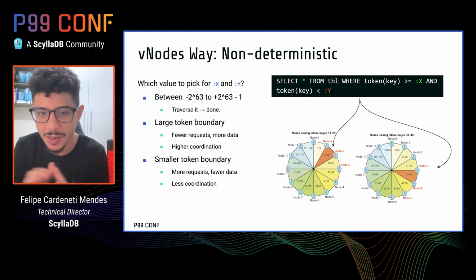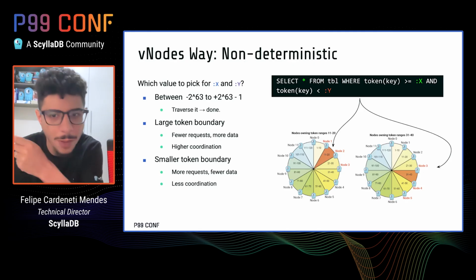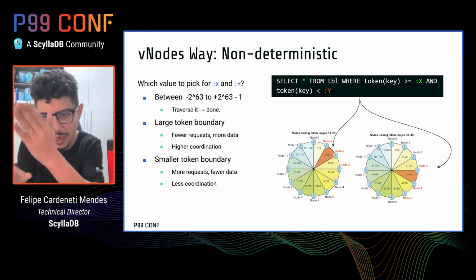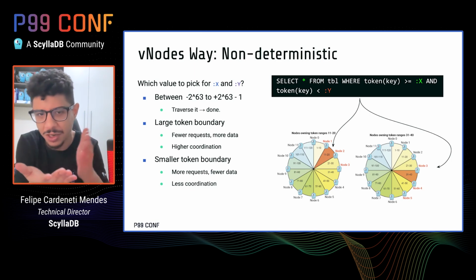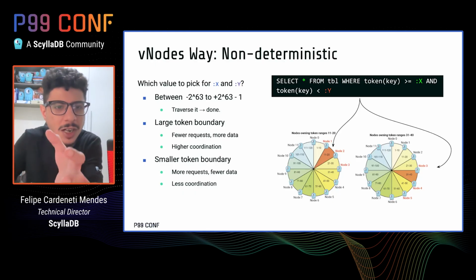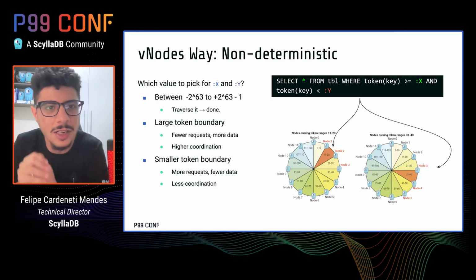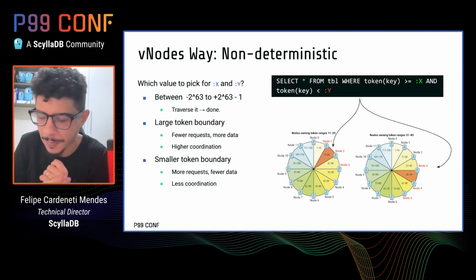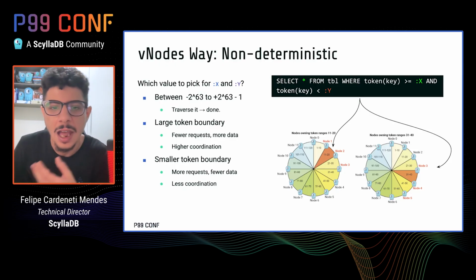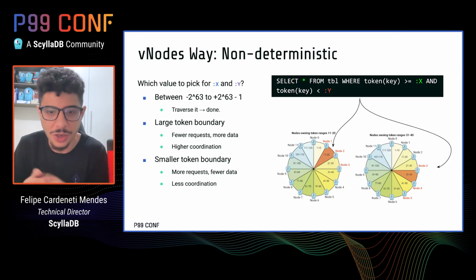In simple terms, you pick your starting token, which is minus 2 to the power of 63, and your max token, and you split it in many smaller ranges, which you then execute in parallel at a given concurrency against your distributed NoSQL database. And this approach does come with its own set of challenges, as in what is the optimal size of the token boundary that we should pick.